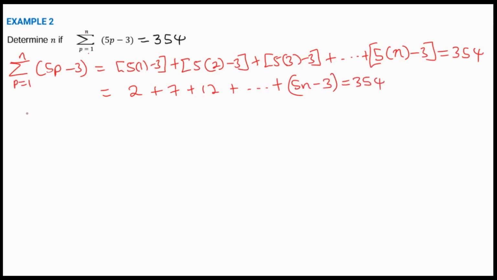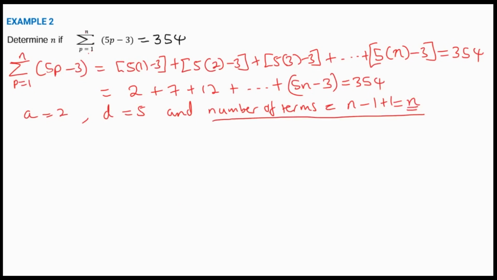So from here we can see that our a is equal to 2, our d is equal to 5, and the number of terms is equal to n minus 1 plus 1. Top number minus bottom number plus 1. So meaning that this is n. Number of terms is n. Okay, don't forget to find the number of terms every time.